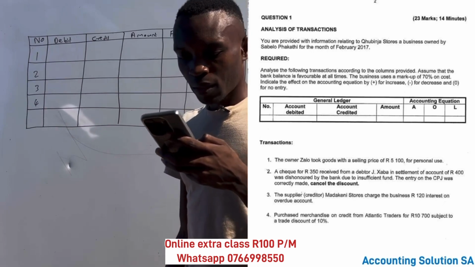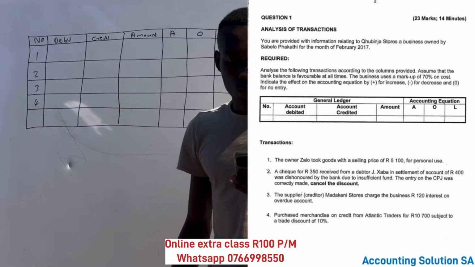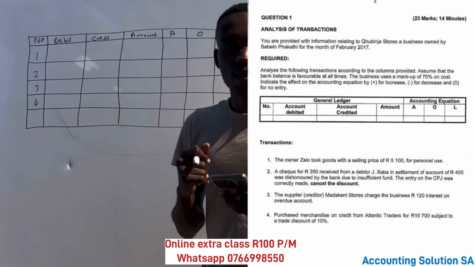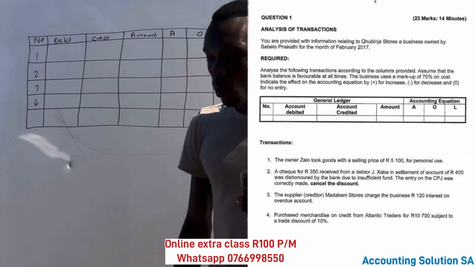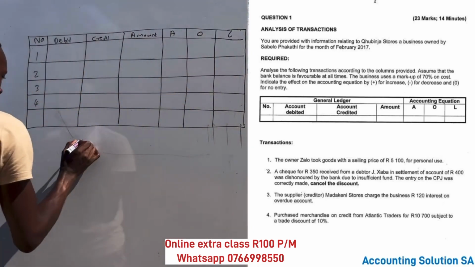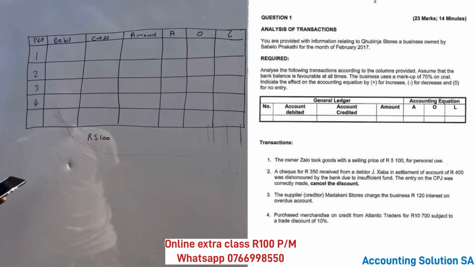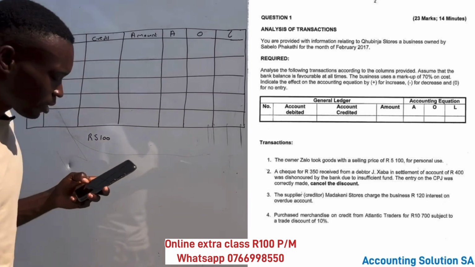If the owner took a good and they give us a selling price, the first thing we need to do before we proceed is adjust this selling price, because we need to record it at cost price, not selling price.